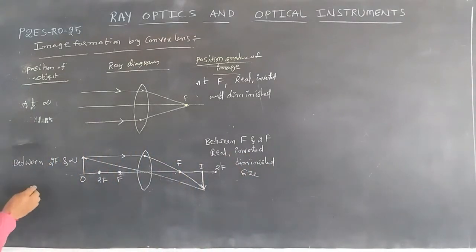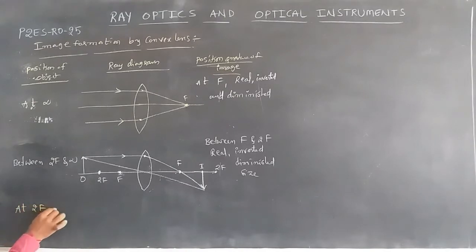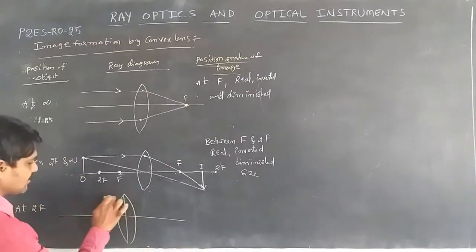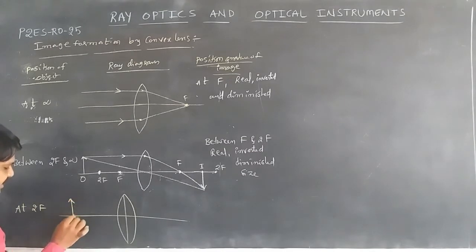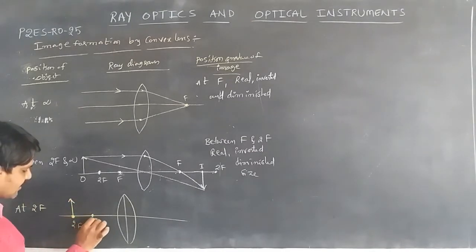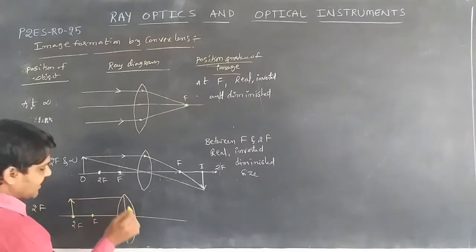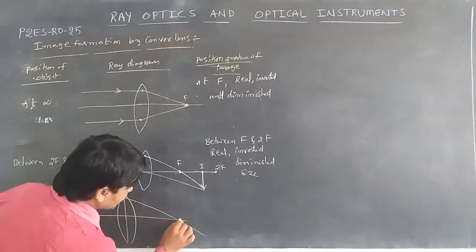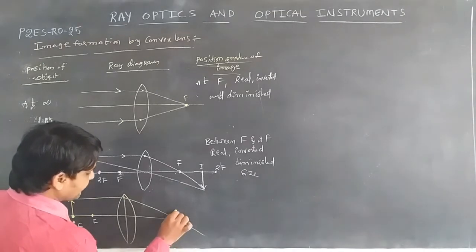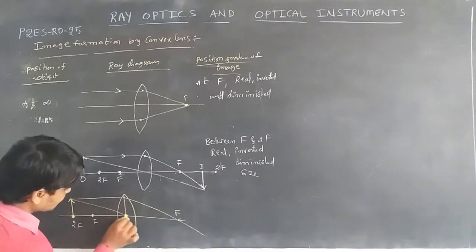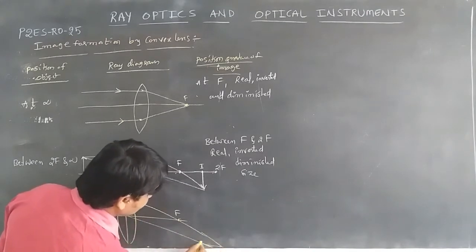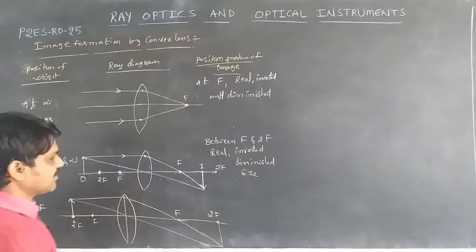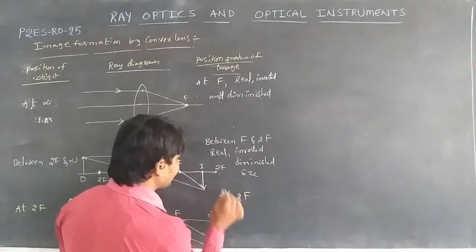If the object is placed at 2f, the image will also form at 2f.